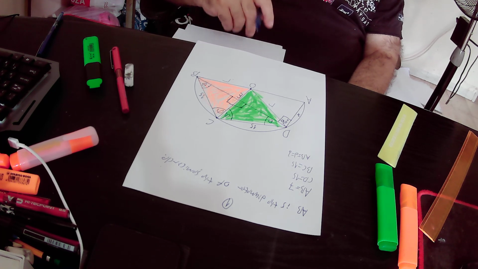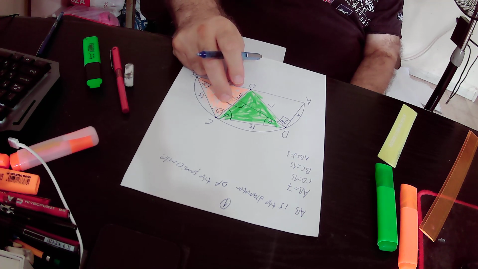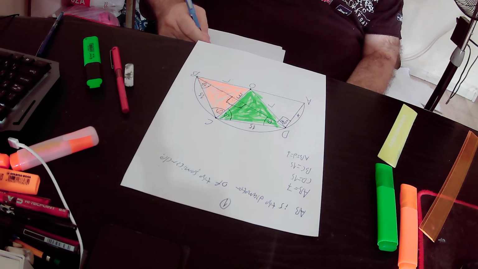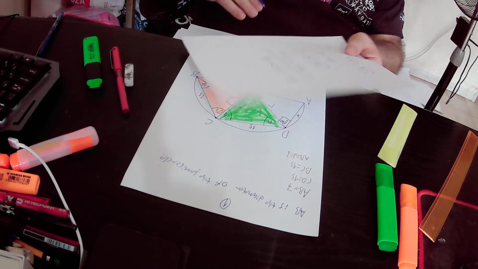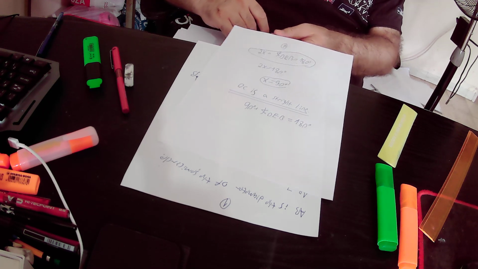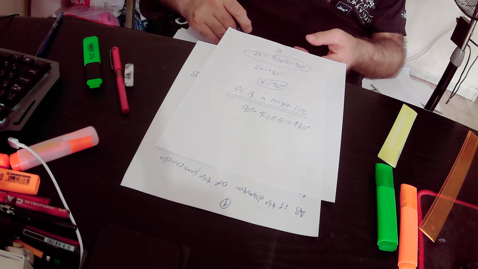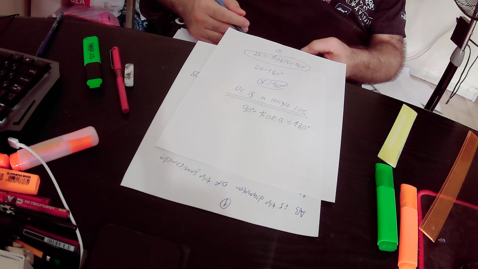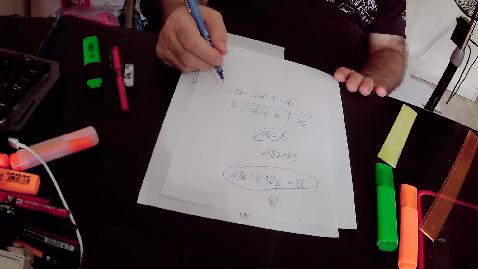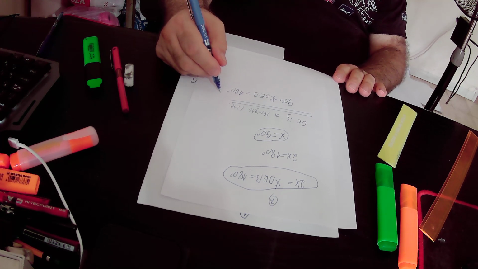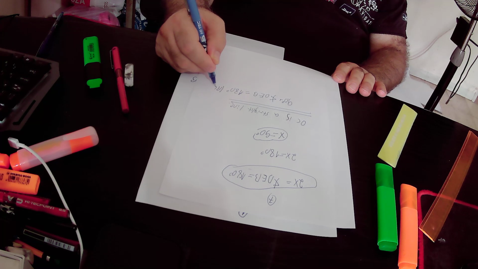We know that the sum of those two angles, according to rule number 3, is equal to 180 degrees. Again, this equality states that the sum of the angles on a straight line equals 180 degrees according to rule number 3.